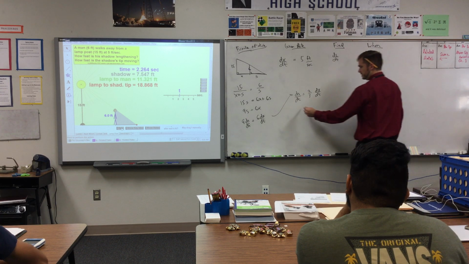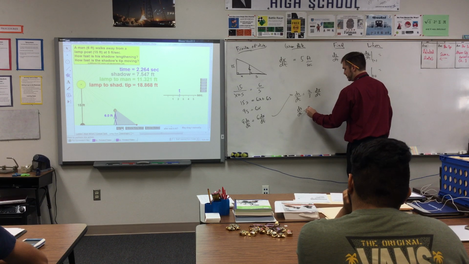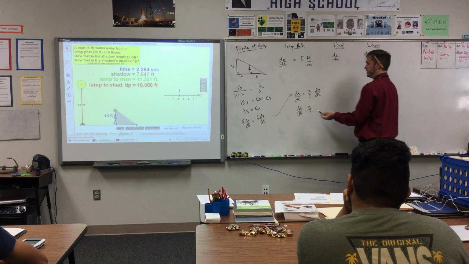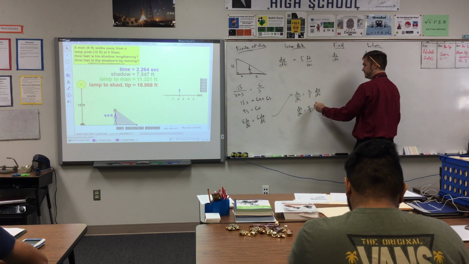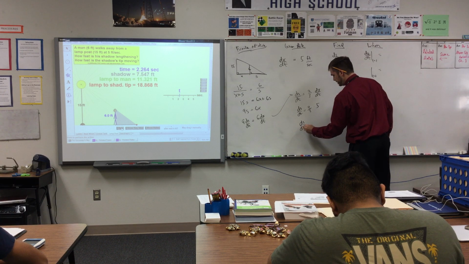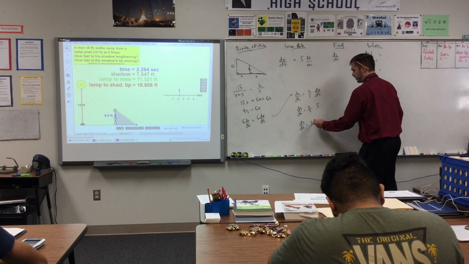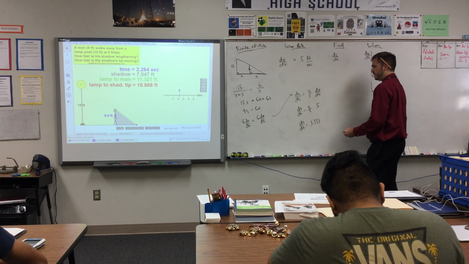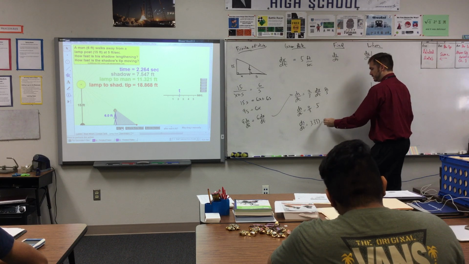That's crazy. What's dx over dt? 5. So ds over dt equals 10/3, so 3.33. dx over dt was in feet per second, right?